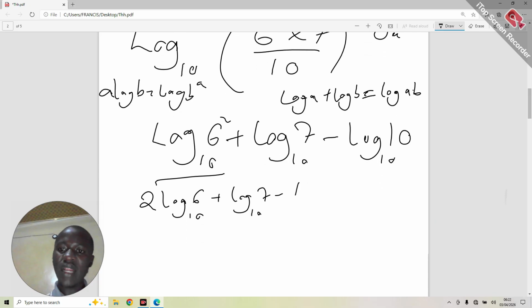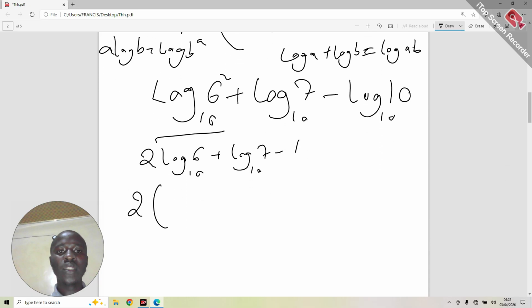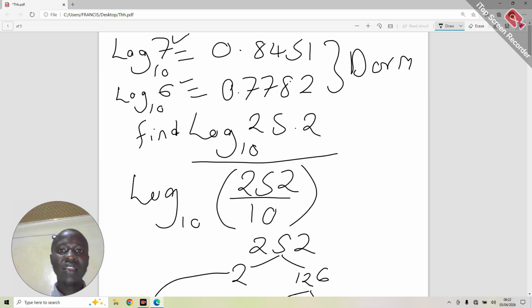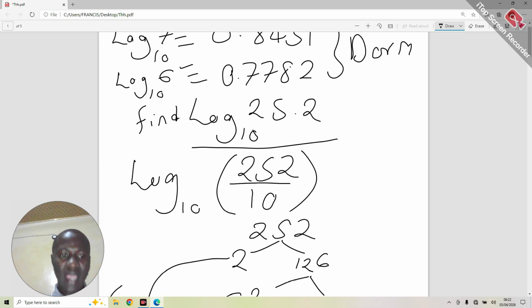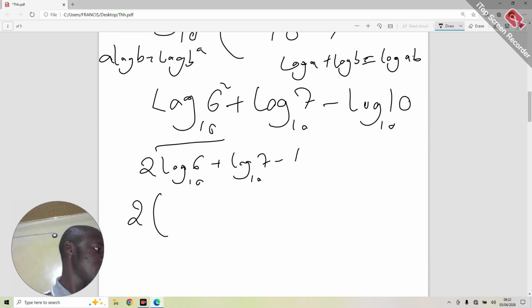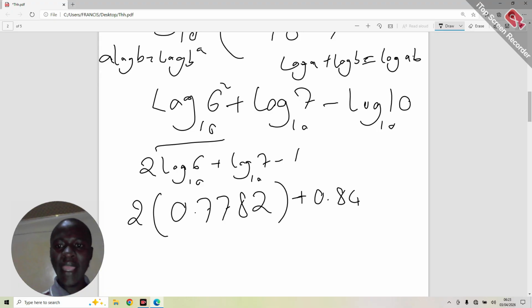So there's no need of rewriting that again. So we have 2 into log 6. What is our log 6 in the question? 0.7782. I mean in the domain. So log 6 is 0.7782. Then plus, what was our log 7? 0.8451, minus 1.